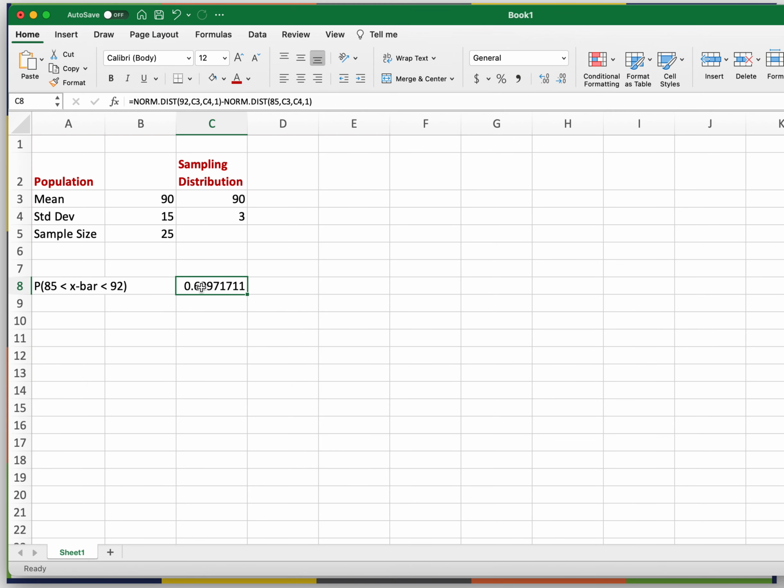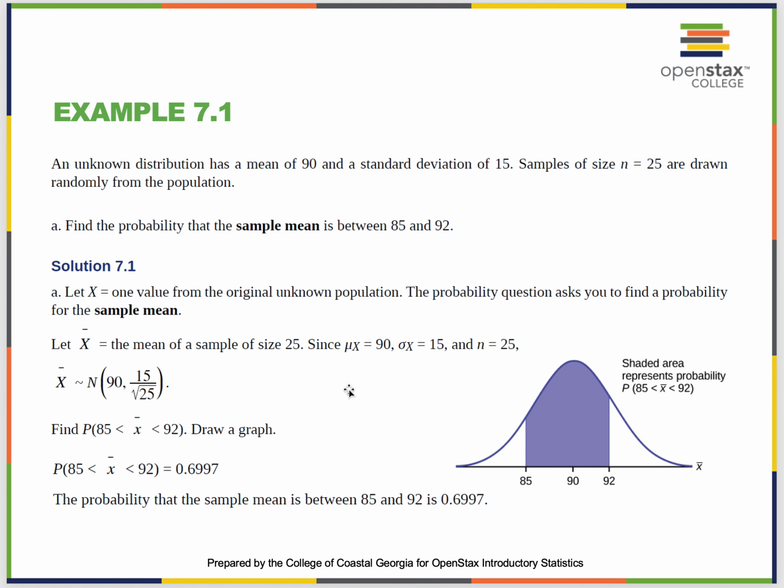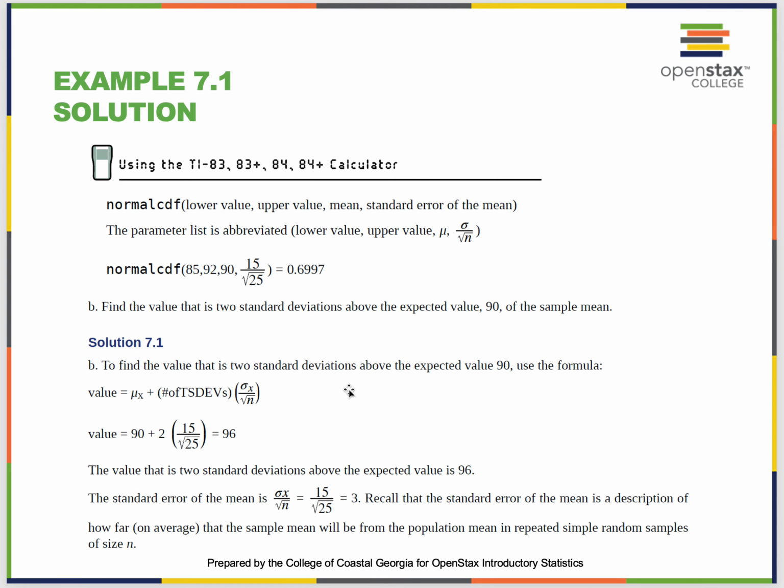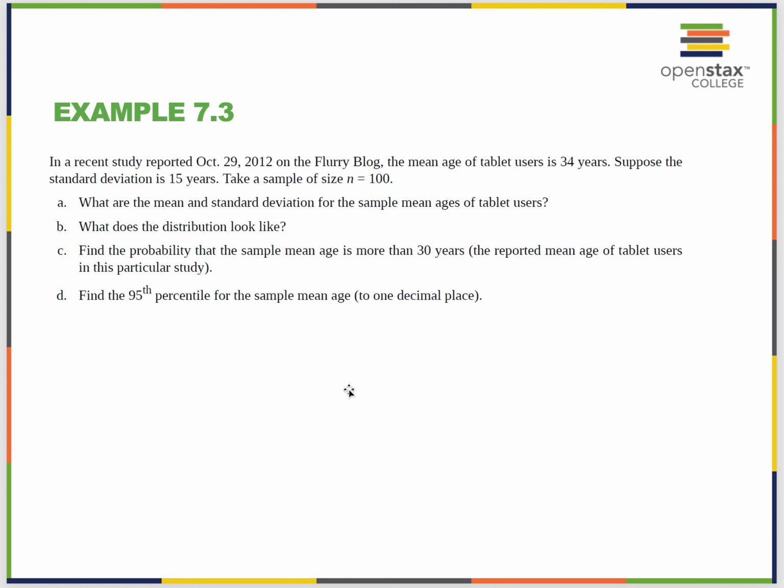And I get, let's take it to 4 decimal places, which seems to be standard, .6997. .6997, yay, we did it properly. You can do it on a calculator, but we're not using calculators.